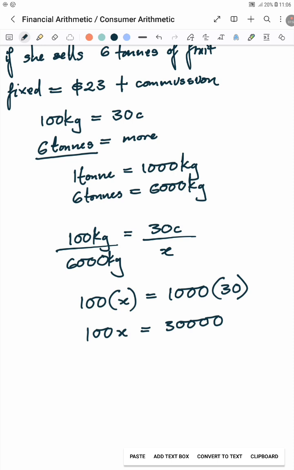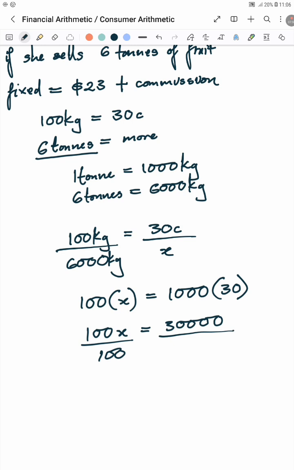And if you divide both sides here by 100, you're going to have x being equal to 300. X being equal to 300, and I want you to understand that x is in cents, which means this is 300 cents.